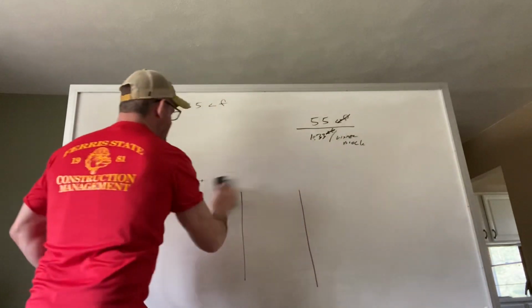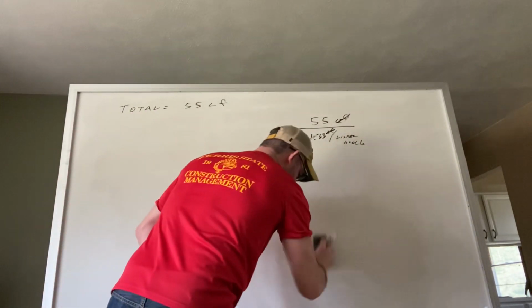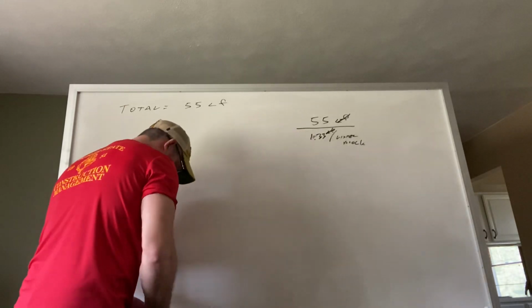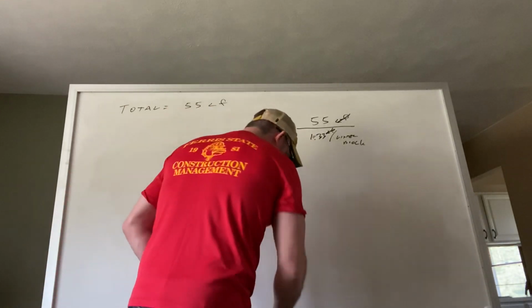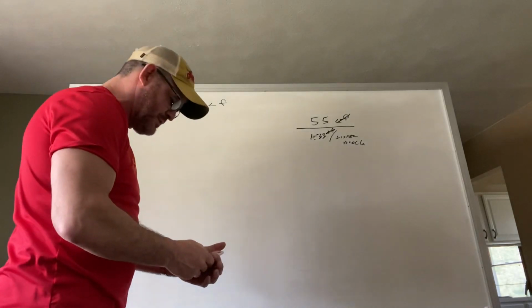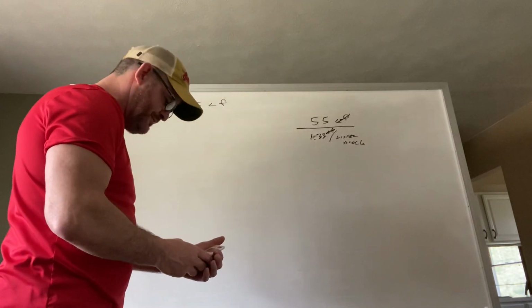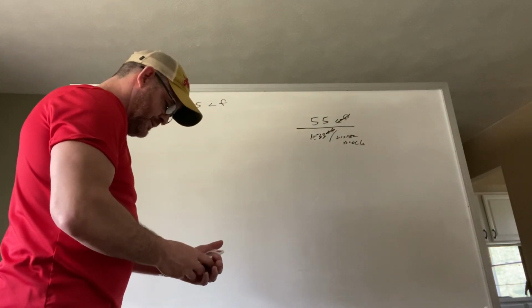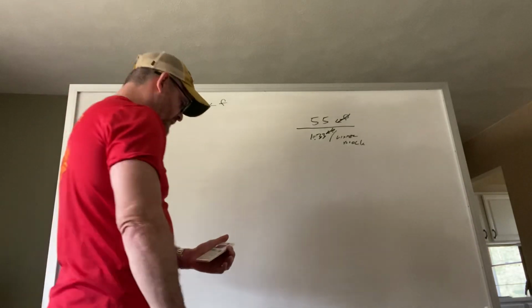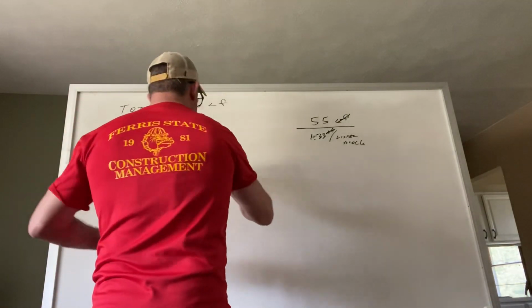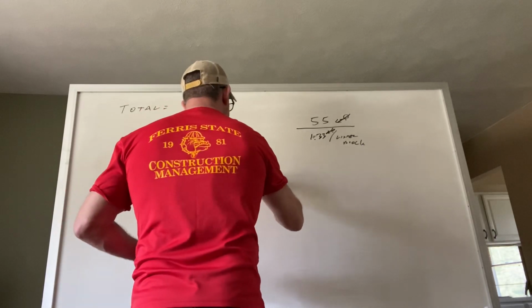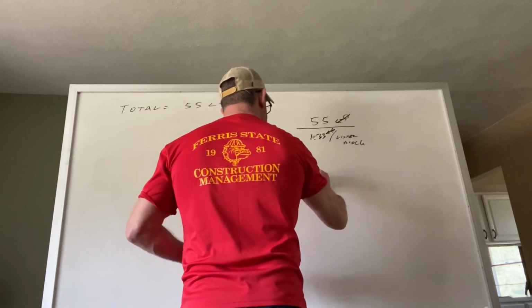And then finally, I'm going to get the number of lintel block that I need. So again, everybody should be performing this math as I walk through it on your calculator. So I get a total of 41.35 lintel block.